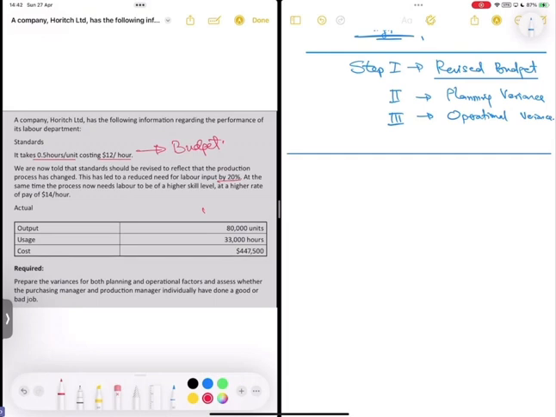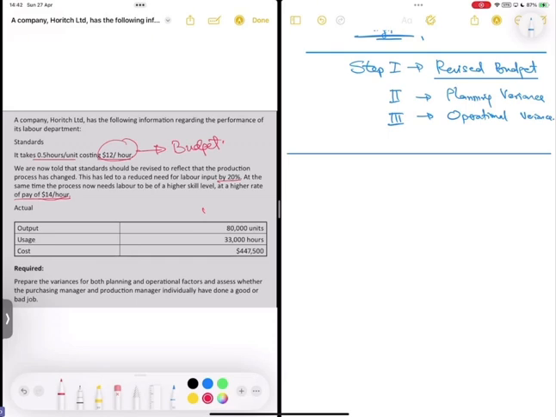At the same time, the process now needs labor to be of a higher skill level at a higher rate of 14%. So even the price of labor has changed. From the budget of $12, it is now going to be $14 per hour to pay labor.